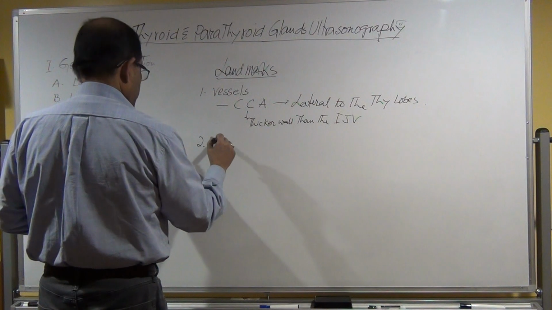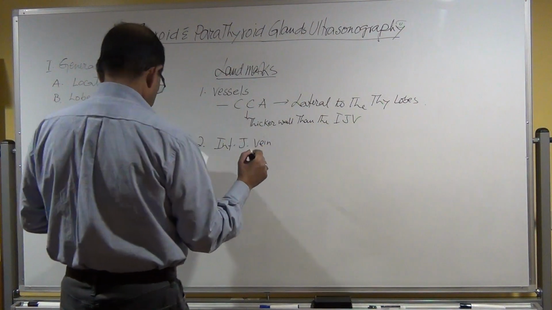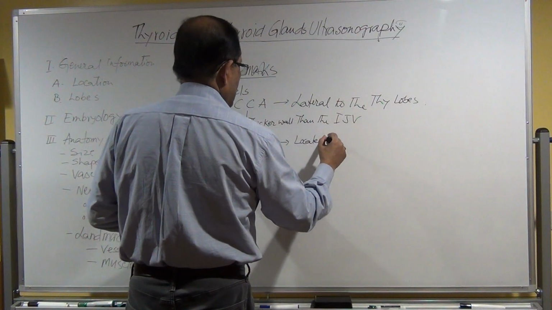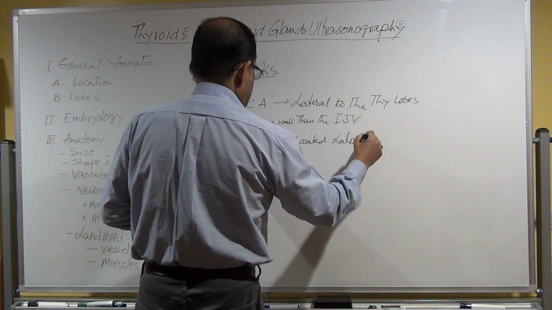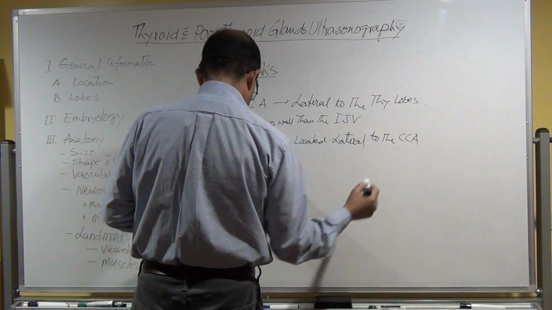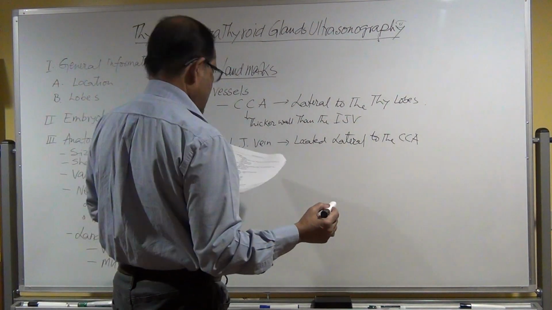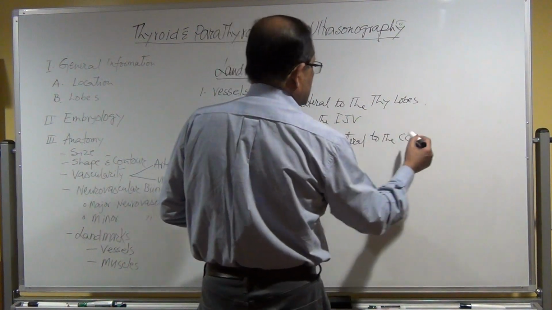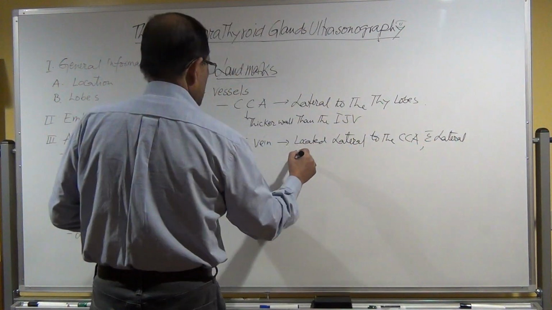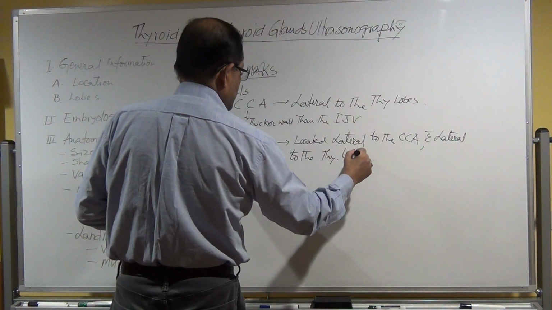And number two, internal jugular vein is located lateral to the common carotid artery, and that means it is also lateral to the thyroid lobes.